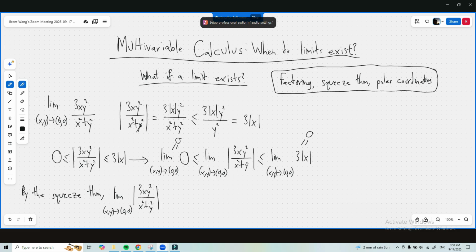So that would mean that the original form is also equal to 0, and that's our answer.